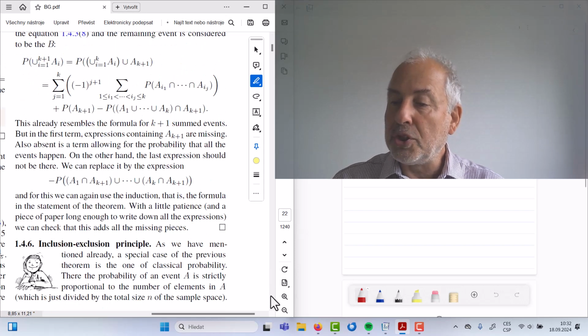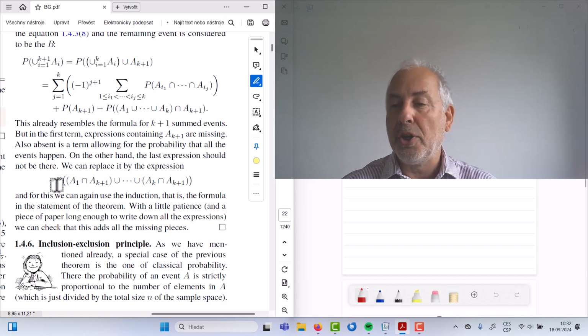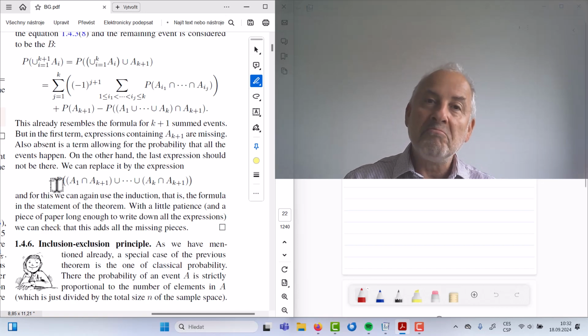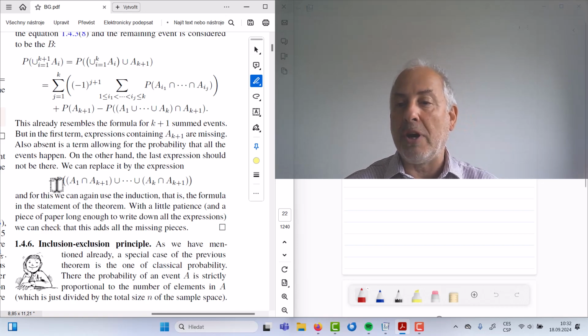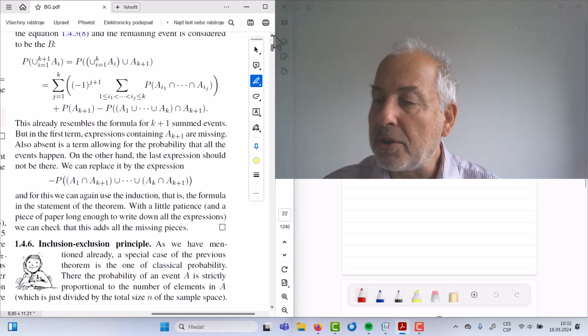And so usually in mathematics, if you have such a theorem which is based on the induction principle, the main difficulty is to guess the result, and then the induction step is not that difficult to do, right? And that's exactly this case. Right, so that's a very remarkable step, I think.